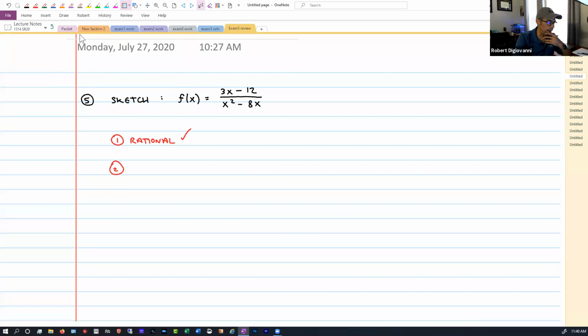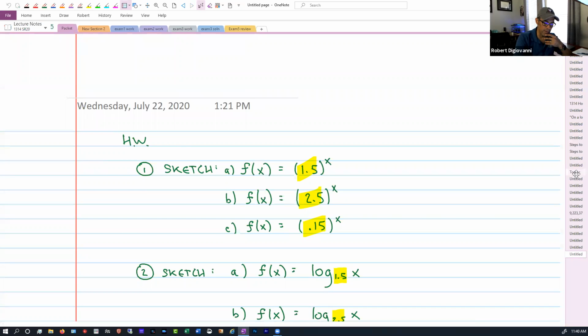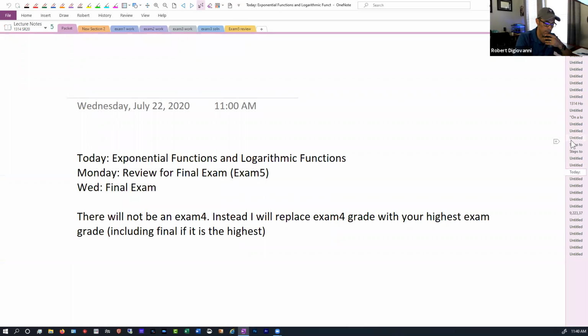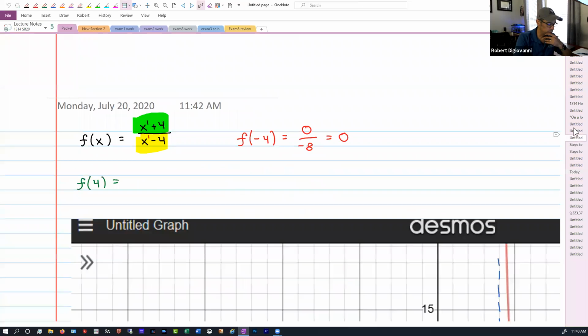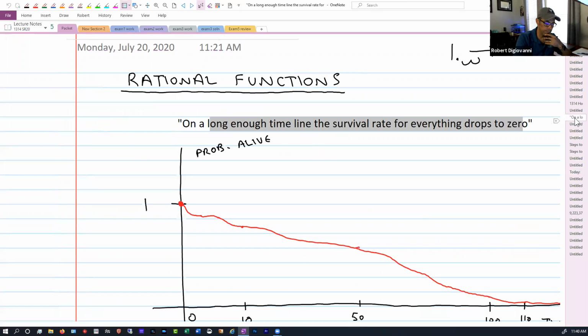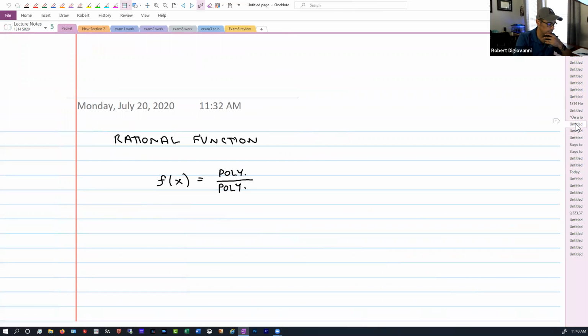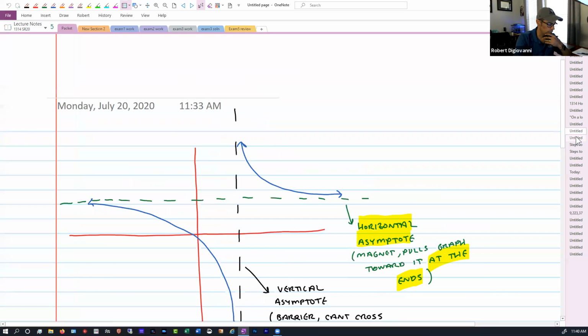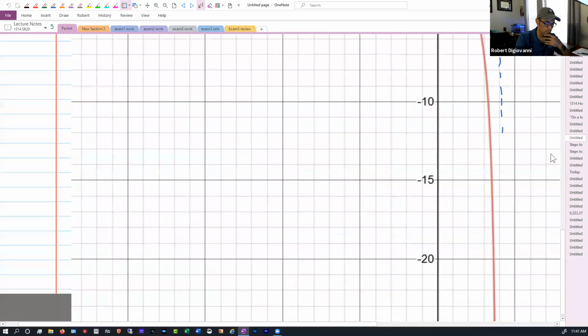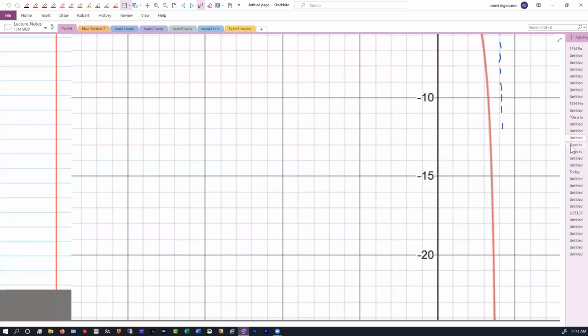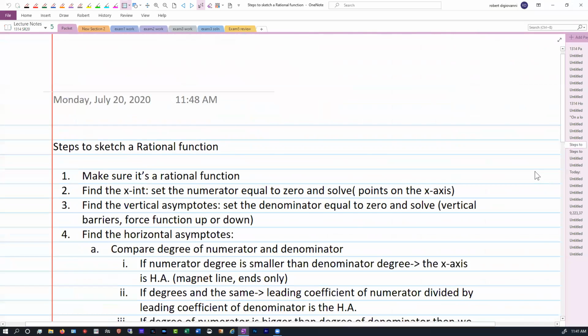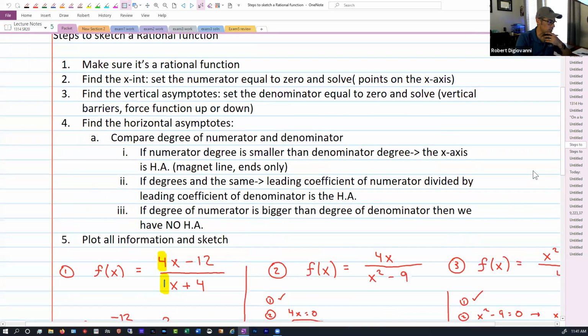What is the first step or second step for rational functions? Let me see if I can go back and find this in the notes. Set the numerator equal to 0. Here we go. Make sure it's a rational function.